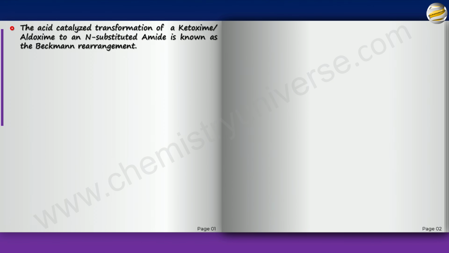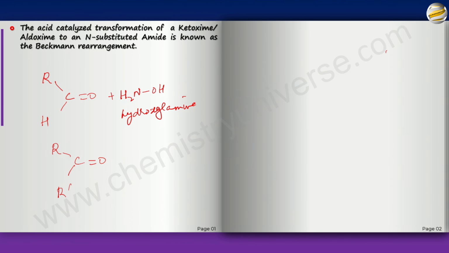So what you need to understand is, if I take an aldehyde or a ketone, and I subject this to what we call hydroxylamine, NH2OH, and treat them separately, then H2O will go away and you will get RCH double bond NOH.